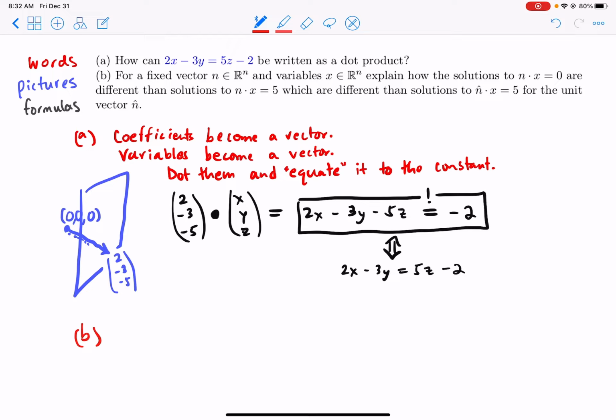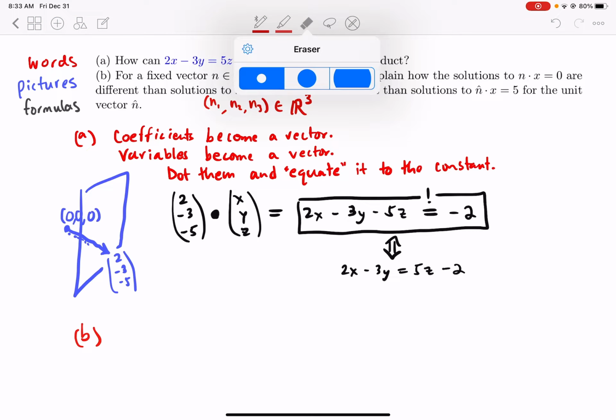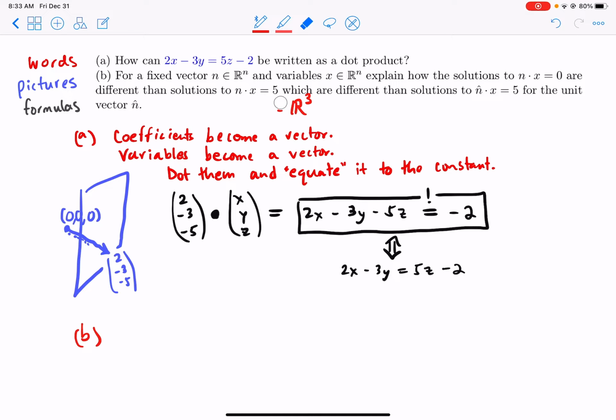So part B. For a fixed vector n, by the way, when I write n in R^n, that's a little confusing, because here this n is meant to be a number, like an integer, and this n is supposed to be a vector, so like (n1, n2, n3) would be an element of R^3. So often in math, people just write things down, hoping that you understand what they mean. You're never going to escape this, because nobody's perfect.